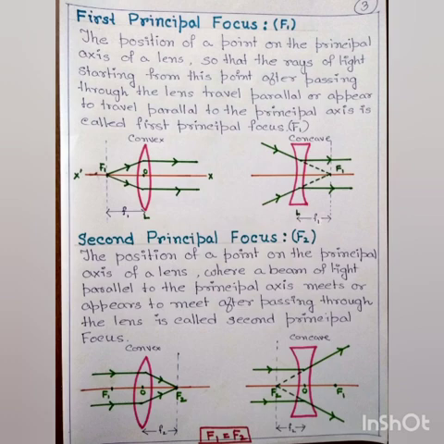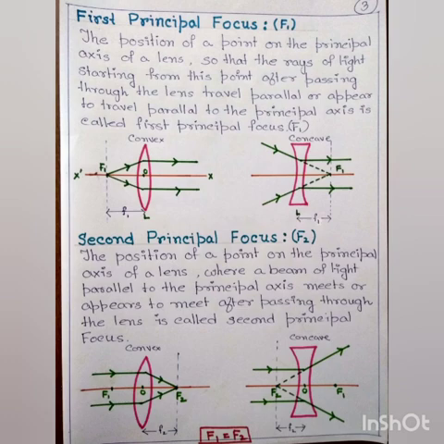Now see, if nothing is mentioned, whether first principal focus or second principal focus, if we only talk about the principal focus, then by convention we have to consider the second principal focus only. Principal focus will mean only the second principal focus.